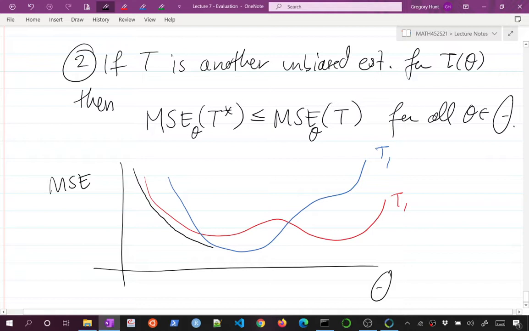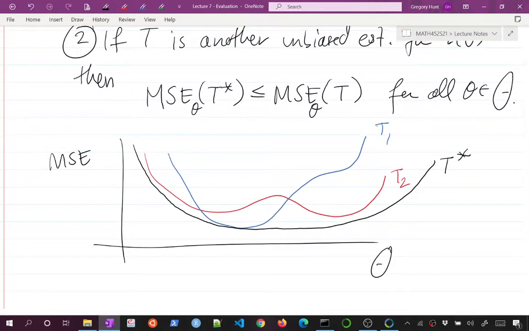It could be equal at various points, but it's definitely smaller. This would be T star. So the MSE of this T star is lower than the MSE of the other ones, T1 and T2, for all possible values of theta. So this is the picture you should have in mind, where you have these functions of the MSE over possible values of theta, and the T star swoops under it. Could be equal at some points, but it's always less than or equal to.